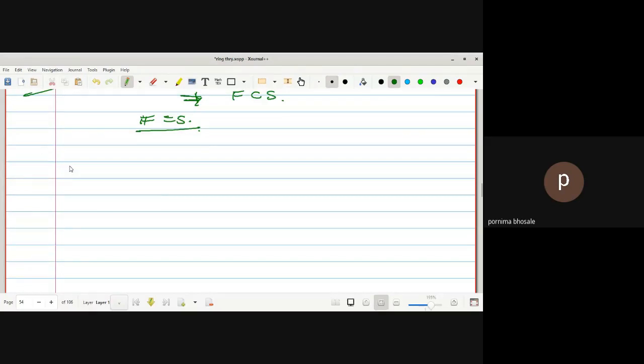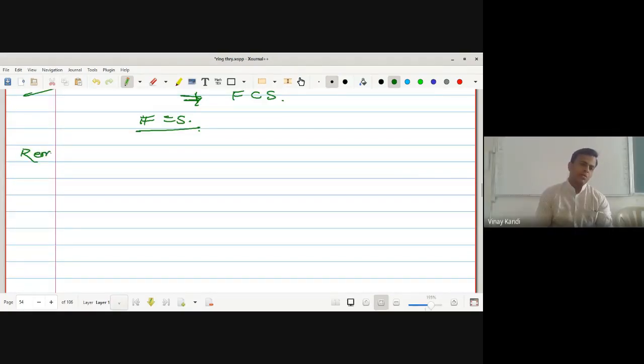Okay, some remarks are there. Suppose we know that Z is a principal ideal domain, so every ideal is generated by a single element. Suppose 2, प्रत्येक आयडियल हा कोणत्या फॉर्म मध्ये असतो?